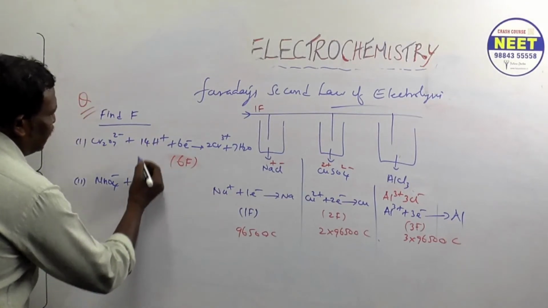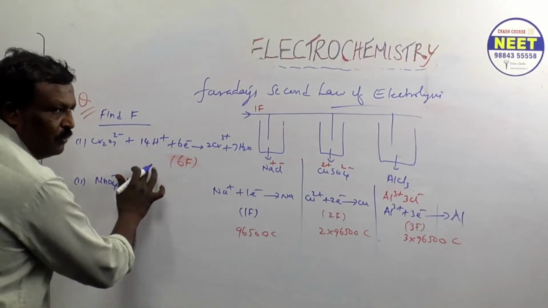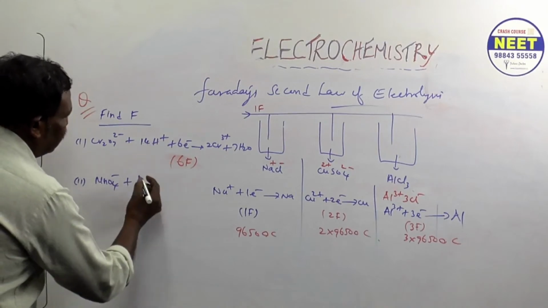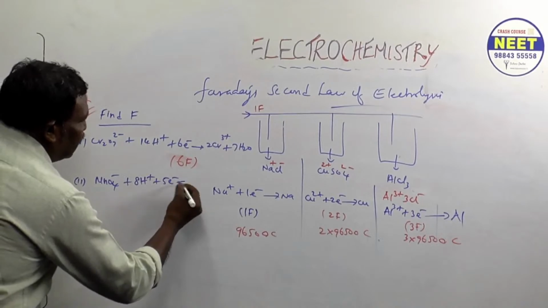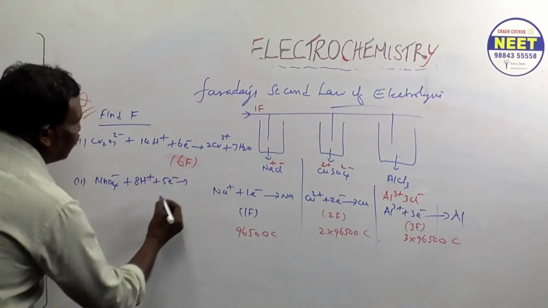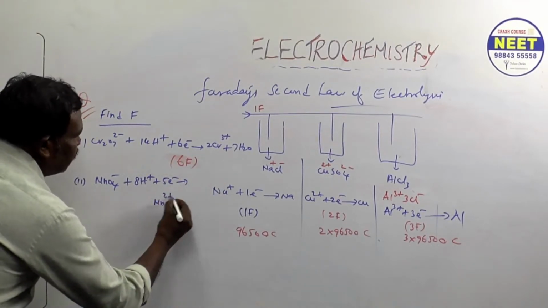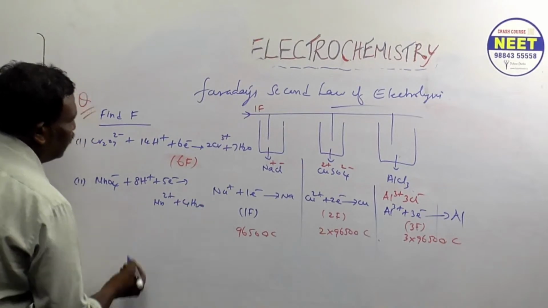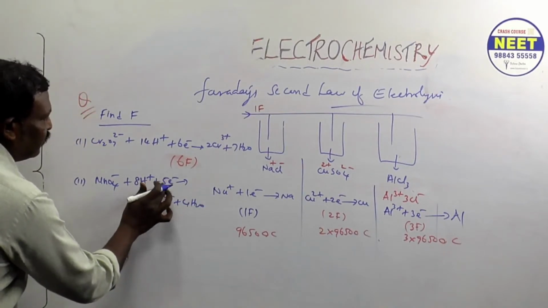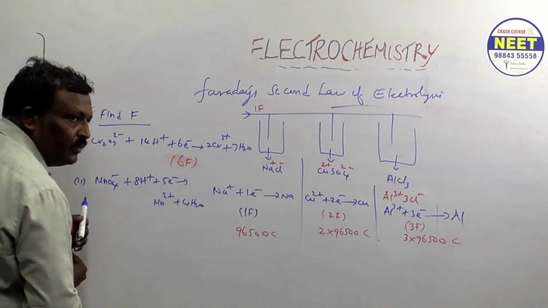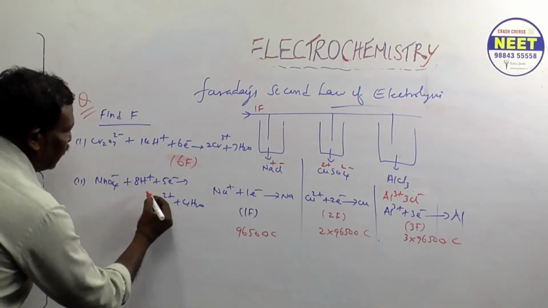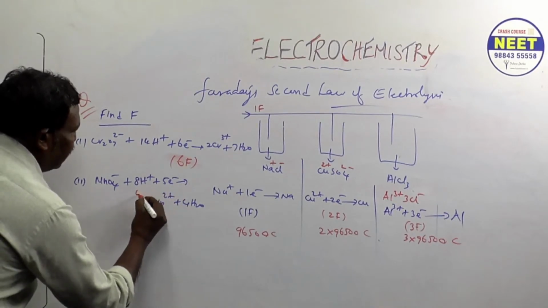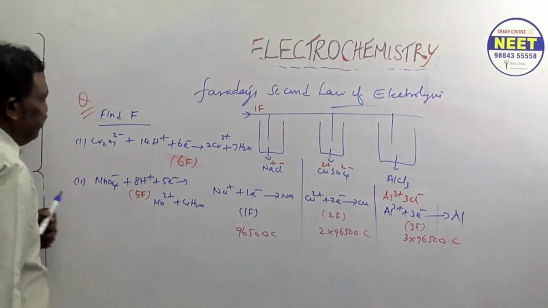Here, it's already told you in the d-block elements. MnO4- plus 8H+ plus 5 electrons gives Mn2+ plus 4H2O, correct? So how much is required? 5. 5 Faraday is required to reduce MnO4- to Mn2+. So 5 Faraday is the answer. Understood?